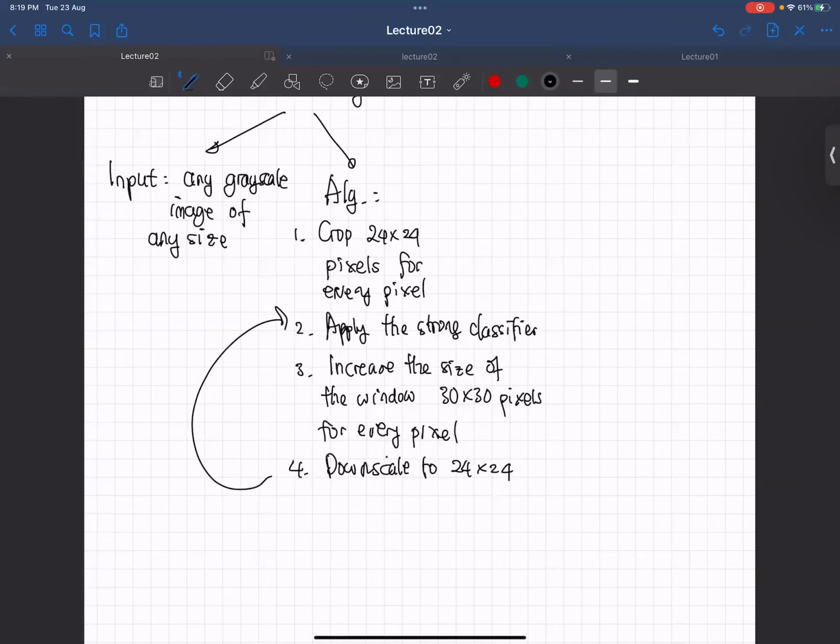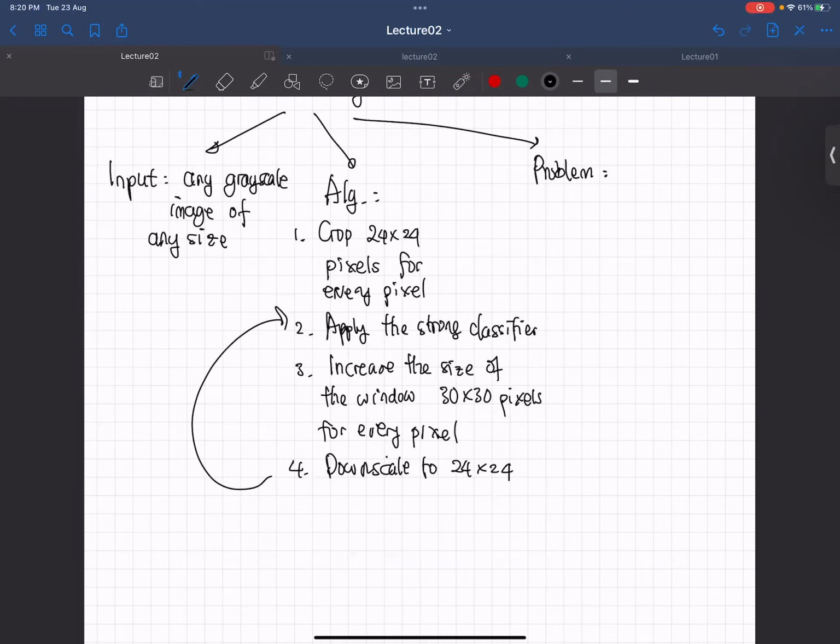In theory, you can solve the problem using this algorithm. But what is the problem with this algorithm? Anyone? What is the keyword here? It is very slow.